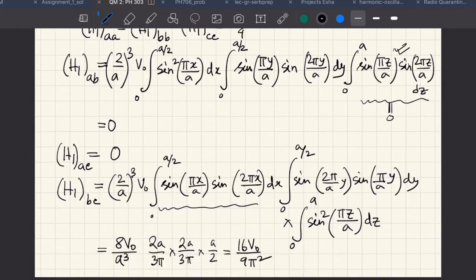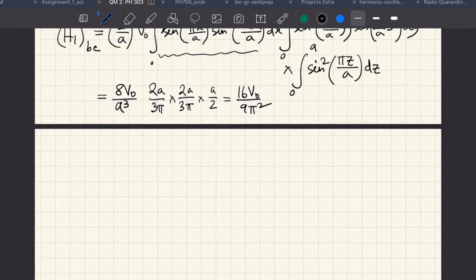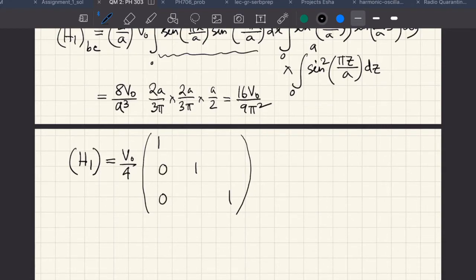Now your matrix is fully done. So you know what your H1 matrix is. Its diagonal elements are all V naught by 4. So take this V naught by 4 common, and your diagonal elements will all be 1, 1 and 1. And then you have just seen that your H1AB and H1AC are 0, so these entries are 0. But your H1BC is non-zero, so that gives you some kappa here.